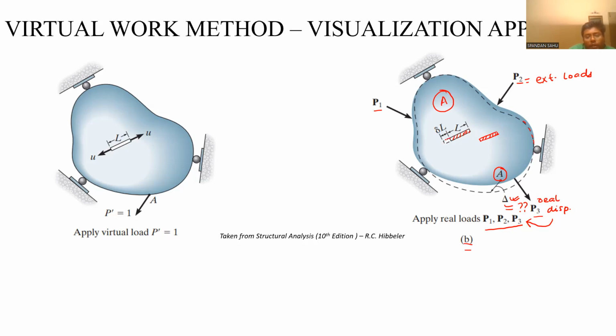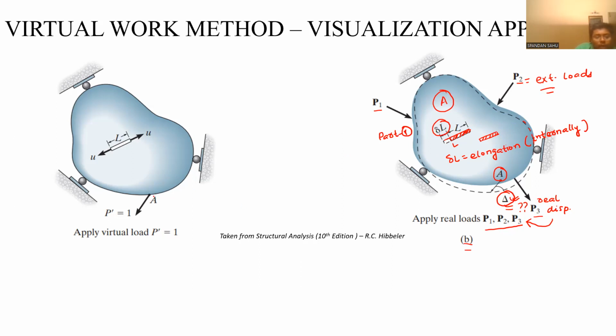So let this element, which was initially of length L, extend by delta L. So delta L is the elongation, and this is occurring internally in these rigid body elements, internal members, due to external loads. Now, this is part 1, suppose. We need to determine this delta.